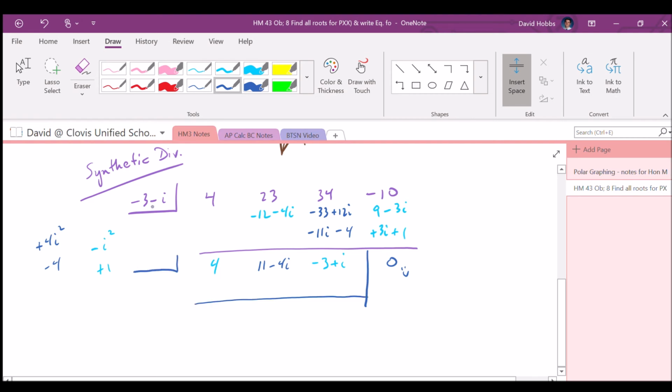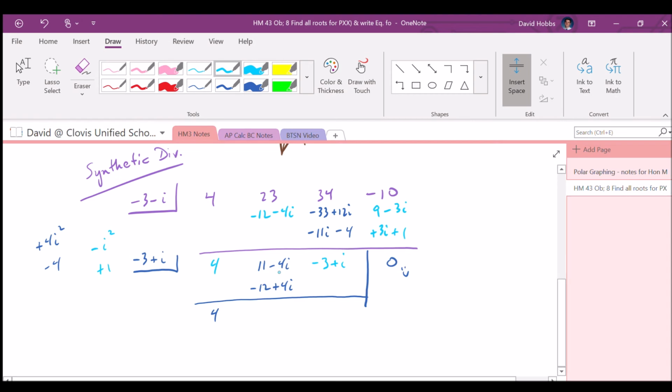So we divided by -3 minus i to begin with, so now we're going to do its partner, -3 plus i, and the second time through is not bad. So bring down the 4, -3 times 4 is -12, positive i times 4 is plus 4i. Now, notice what happens to the i's here.